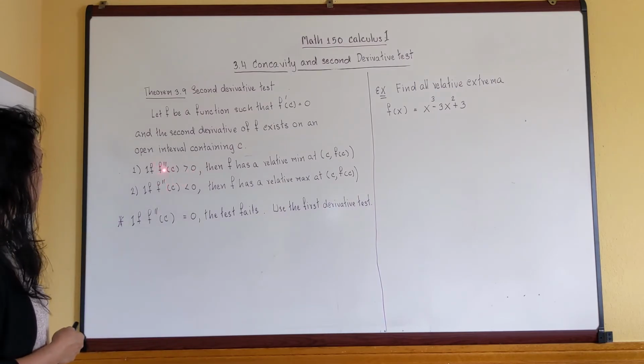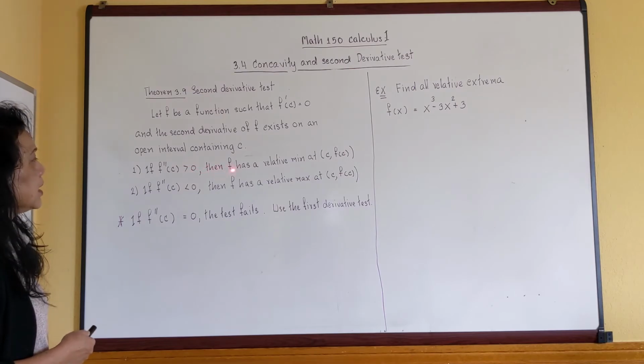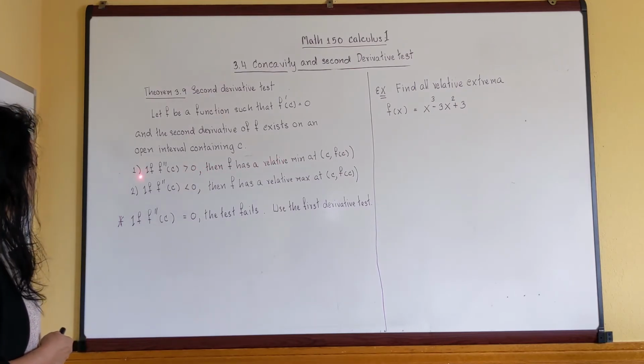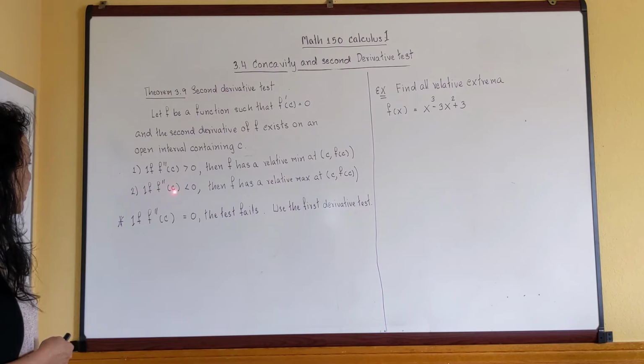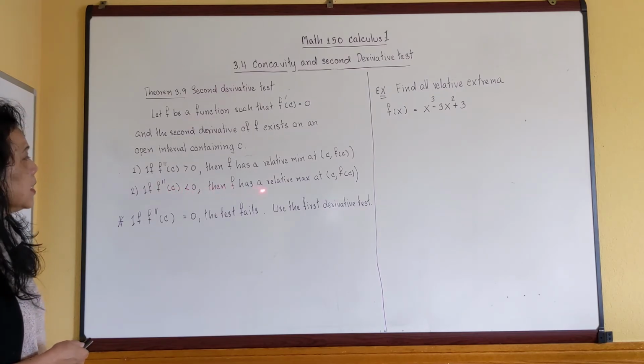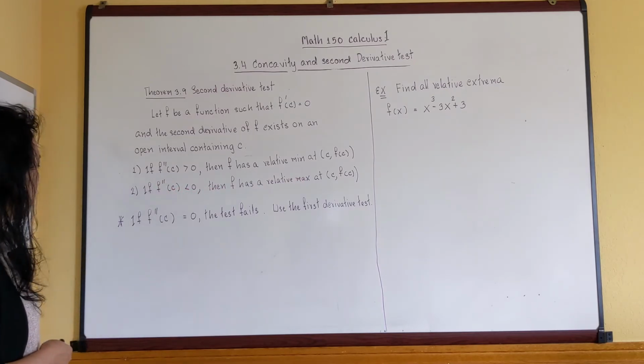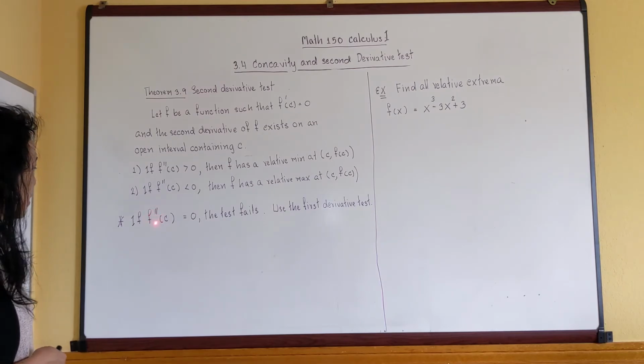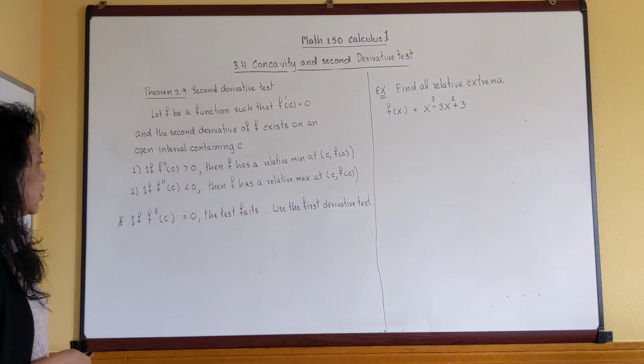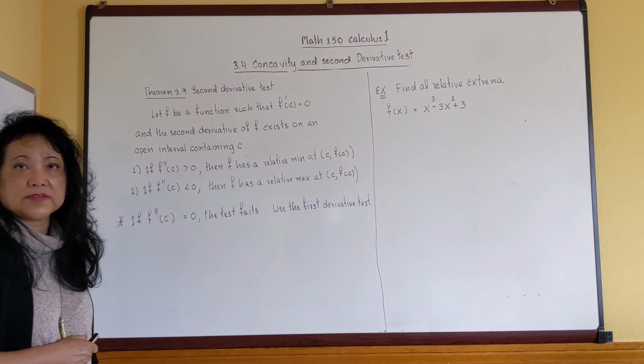If you take the second derivative at c and it's greater than 0, then you have a relative min. If you take the second derivative at c and it's less than 0, then you have a relative max. However, if the second derivative at c is equal to 0, the test fails, so you have to use the first derivative test.